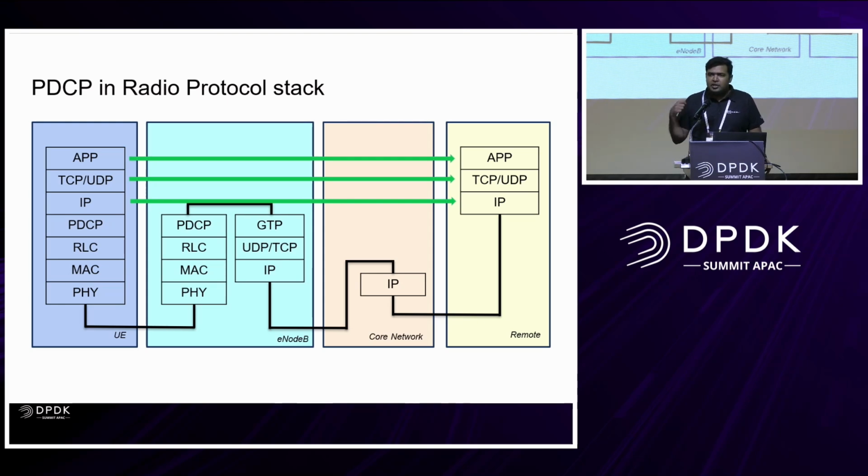Even though I represented it as one single device, today's 5G network is more complicated, and it's not just one block. There is an RU which directly talks to the radio, and we have the DU, the distributed unit, and then we have the CU also, the centralized unit.